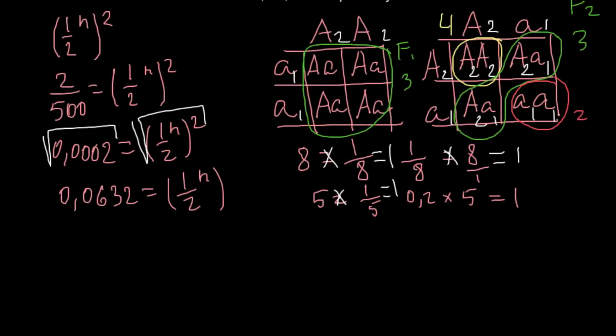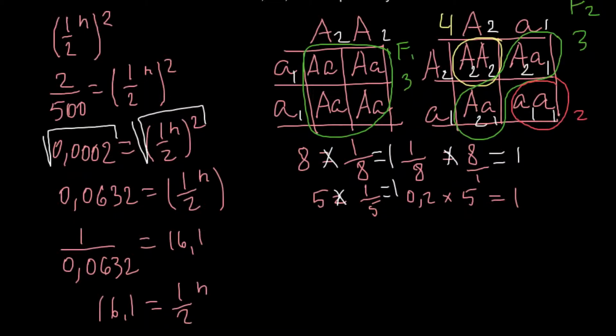So we have to divide 1 by 0.0632, and we are going to get the reciprocal of this number, that is going to be 16.1. And that means that 16.1 is equal to 1/2 raised n. And now we can solve for n.